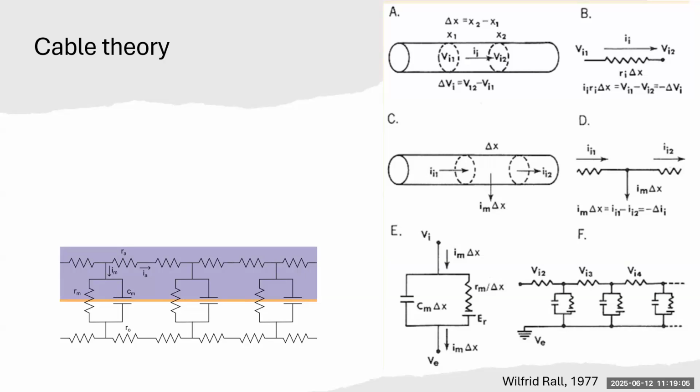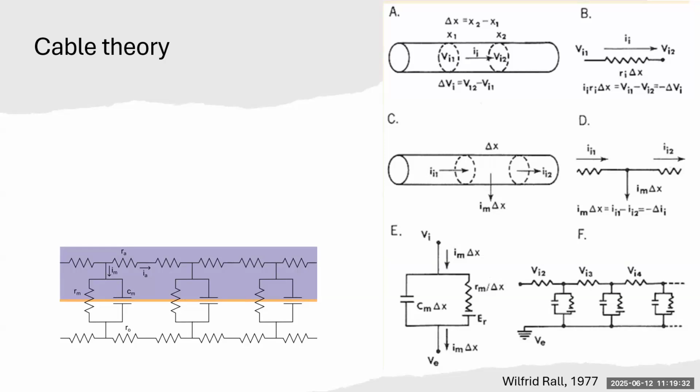So if this is a small length of delta x, you can think of the change in voltage to be delta V. Okay.